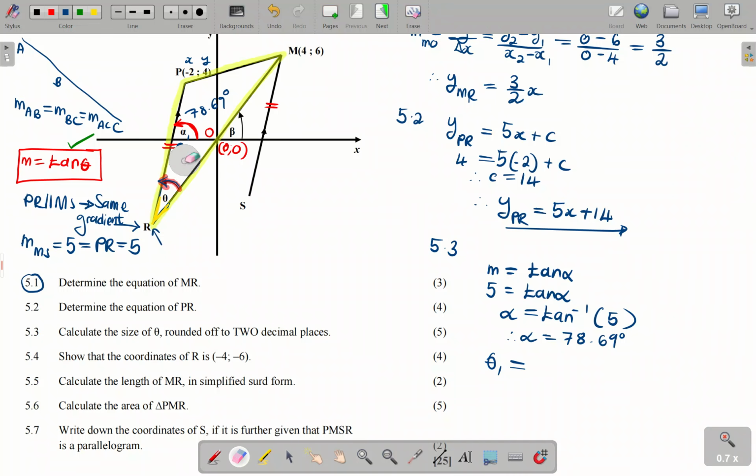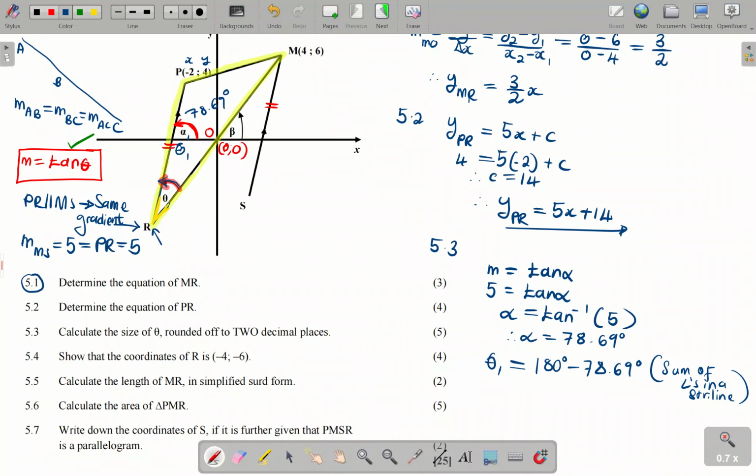So let me remove this. So theta 1. So I'm just going to say, all right, the sum of angles in a straight line add up to 180 degrees. Subtract 78.69 degrees. The reason is because of the sum of angles in a straight line.